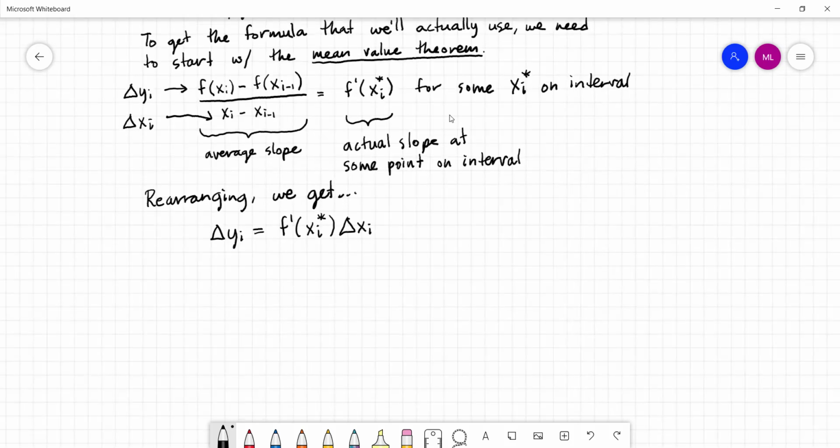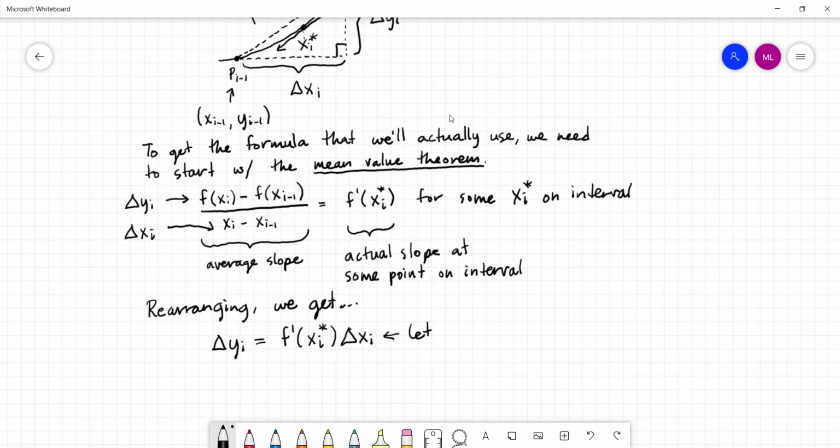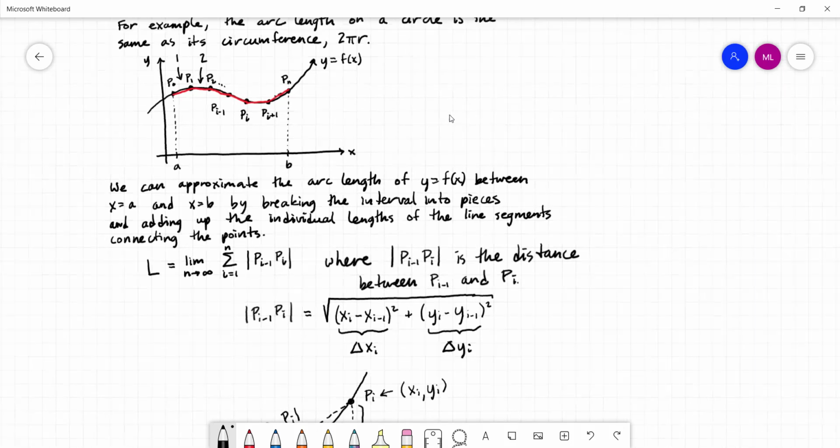To make life easy, let's let this delta xi be uniform for all the different points back here that we looked at. Let's make all the x differences be the same. So basically I'm saying let's chop up our interval in the x direction into n equal parts. So I want all the delta x's to be the same.